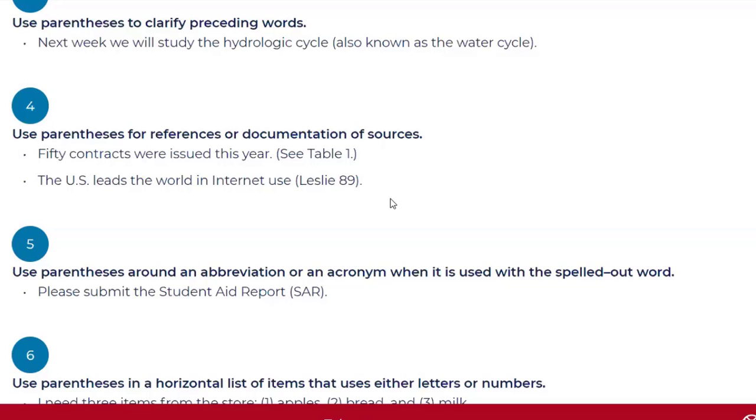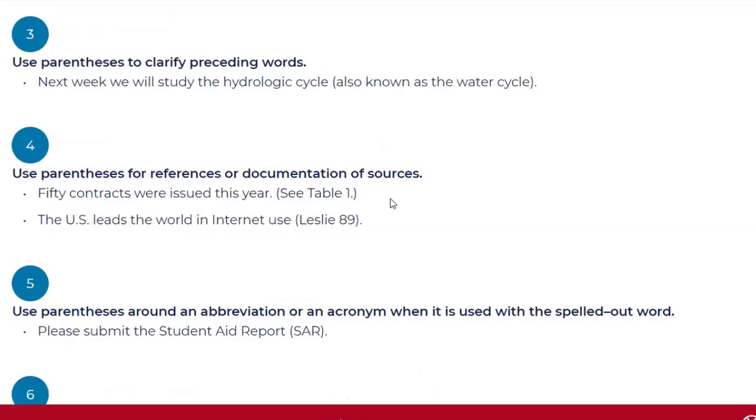That means we have to use the parentheses to explain the words that are given in the sentence. Okay, good. Sometimes when you have a word and you want to clarify its meaning or give some further information, you can give that within the parentheses. These rules are self-explanatory.